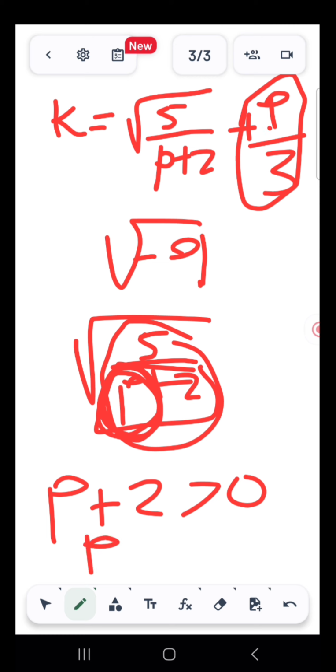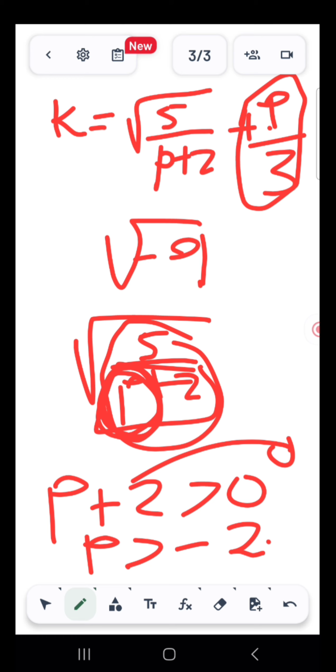Then now we solve it: p is greater than, we transpose to negative 2. So any number bigger than negative 2, when we substitute in the equation, will give you a real number. Any opposite number, the ones smaller than negative 2, including negative 2, will cause problems.